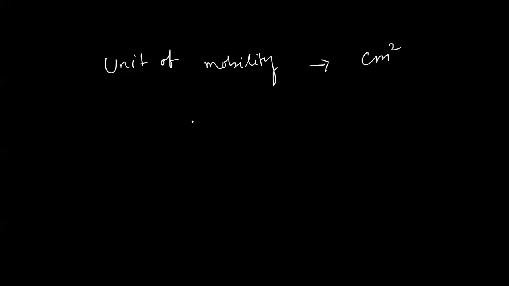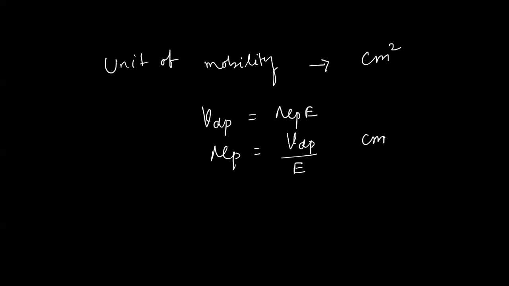As we said, V_dp is equal to mu_p times E. So mu_p can be written as V_dp divided by E. V_dp is in centimeter per second, because the dimension is very small, so it is wise to write in centimeter.